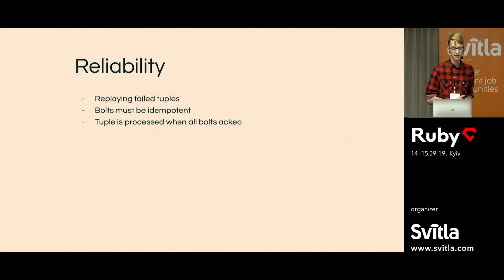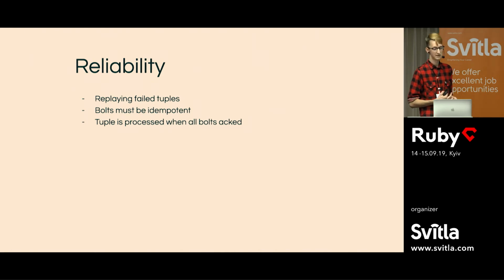Another thing to talk through is what happens if a bolt fails to process a tuple. Storm provides a mechanism in which the source spout can replay a failed tuple. Spouts send out tuples to bolts, which emit other tuples. So as a result, we have an entire tree of tuples. And if any child tuple of the original one fails, then any rollback step might have to be performed on multiple bolts.